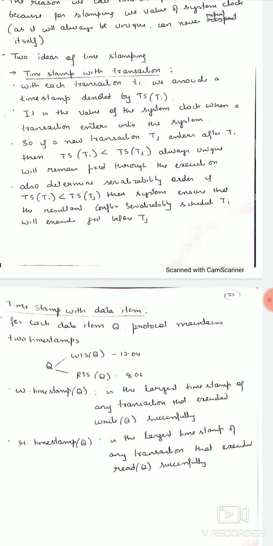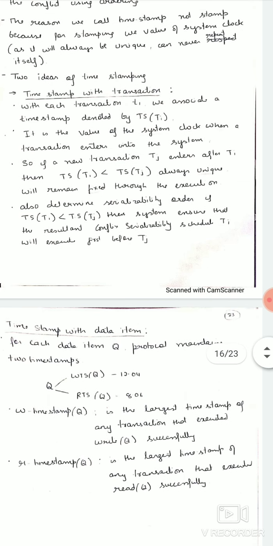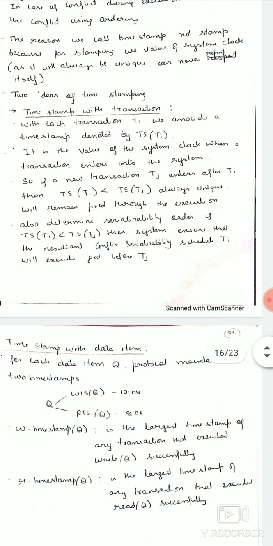So these two timestamps are maintained for a data item, and this type of timestamp is called timestamp with data item. Based on the data item, you're going to perform timestamps.